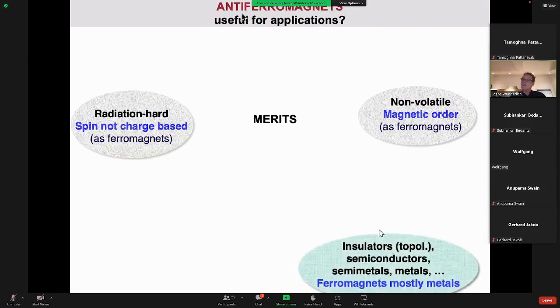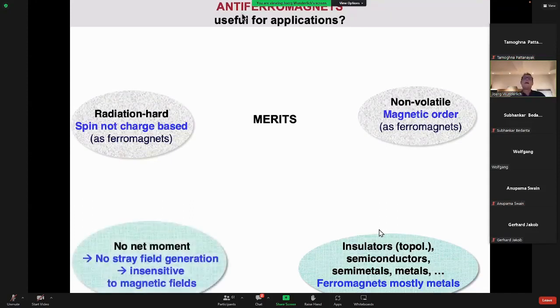But it's even more interesting than ferromagnetic systems, which are mostly metals. Antiferromagnets are actually quite a huge material system family. You can have antiferromagnetic insulators. Most of the antiferromagnets are actually insulators. Because of the magnetic structure, they can be even topological insulators. You have semiconductors, semi-metals, and also metals.